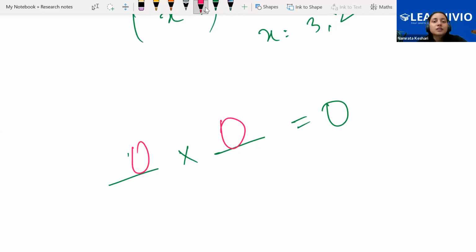Then only the result can be 0. When you think about it, you have two different numbers, maybe two whole numbers or two decimal numbers. Is it possible that you multiply them and the result comes out as 0? Is it possible?